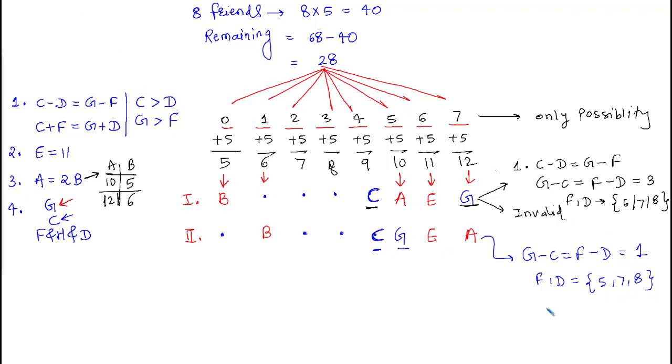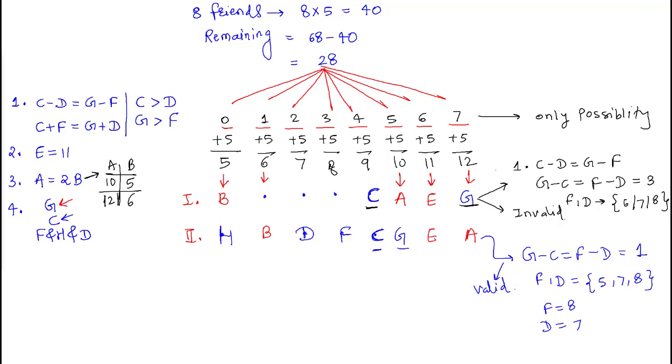So from this we can say that F has to be 8 and D has to be 7, and the remaining person is H. H will receive 5 candies over here. So this is the valid case.